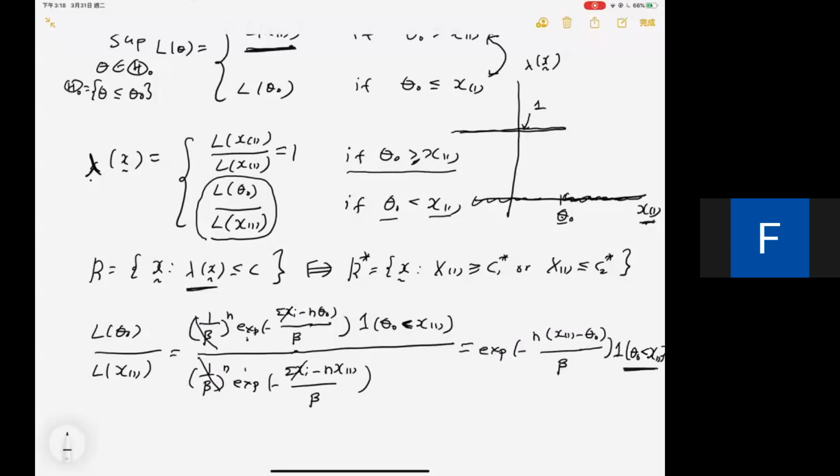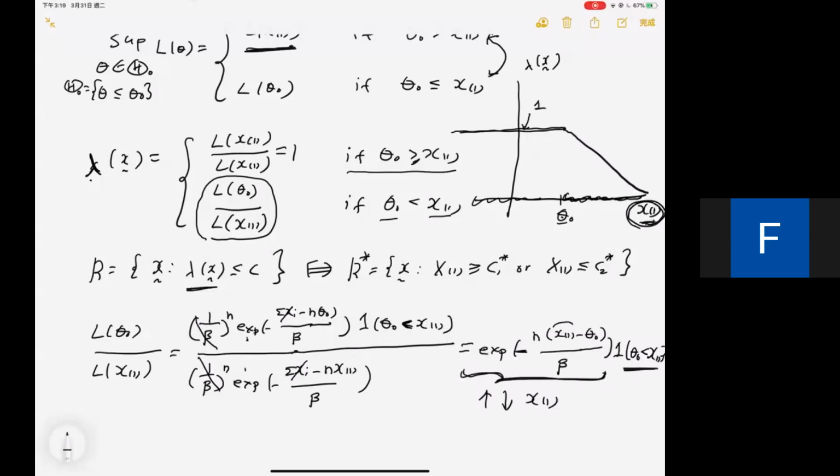Good. How about this right here? Is it an increasing function or decreasing function of x1, because you're looking at x as this x1? You really need to look at the function. Is it an increasing function, decreasing function, or quadratic function of x1? The answer is a decreasing function, because this is x1, this is minus 10 right here. So it's a decreasing function of x1.